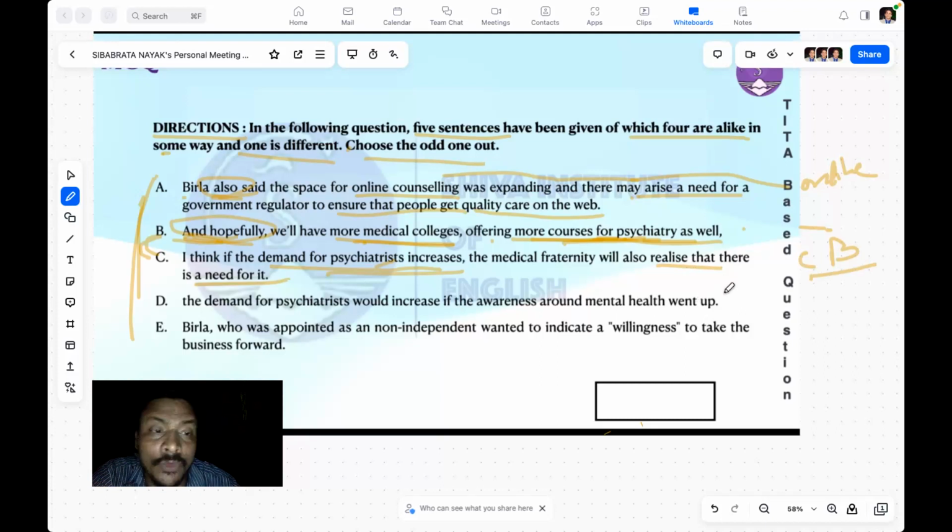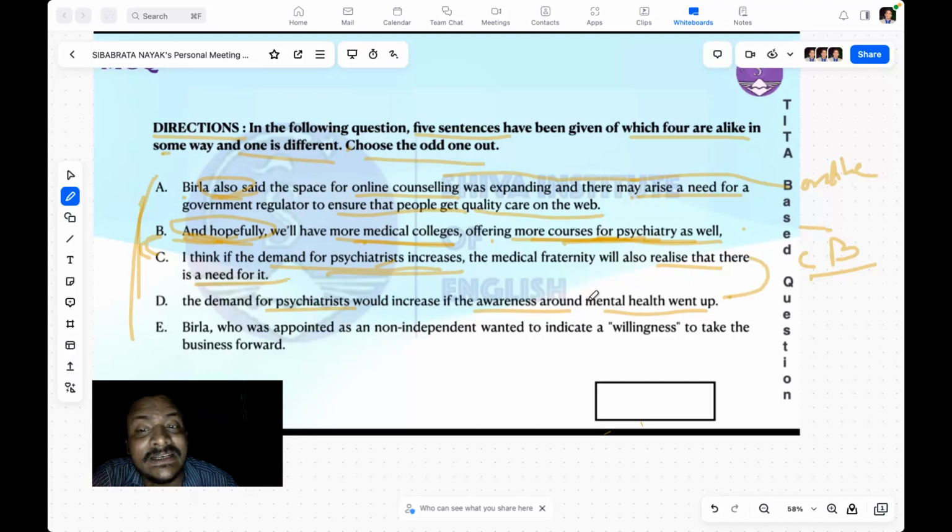Go for option D. Option D said the demand for psychiatrists would increase if the awareness around mental health went up, right? So this one is obviously relating to option C. Why?